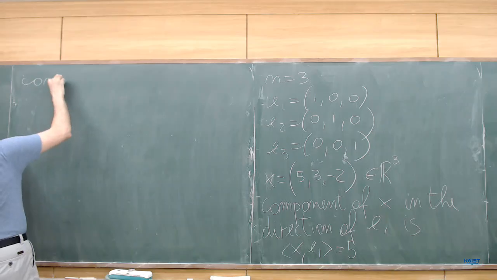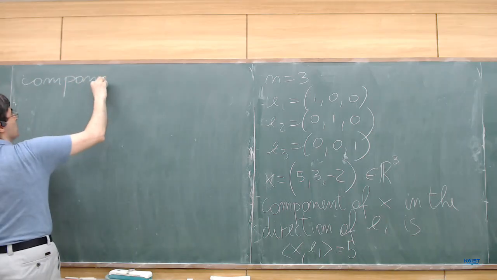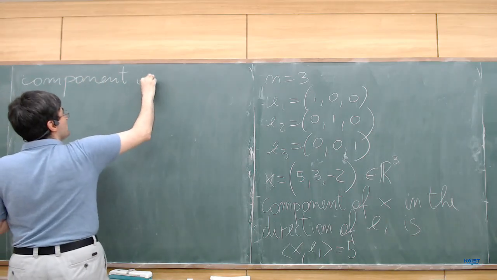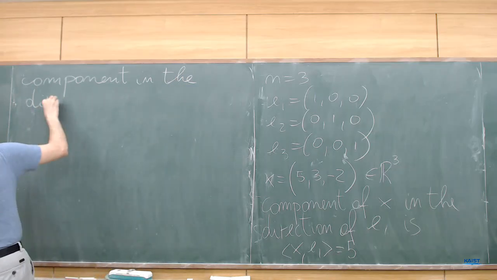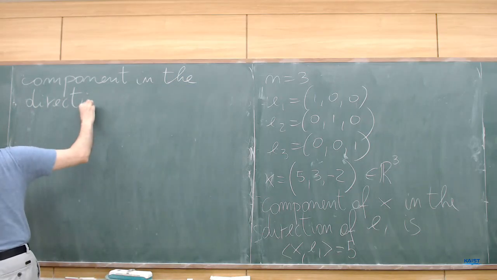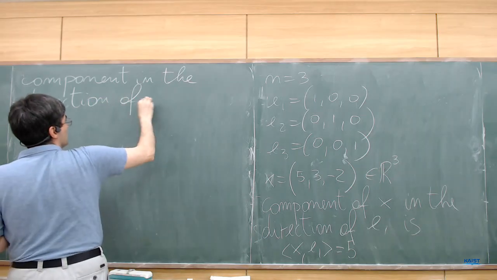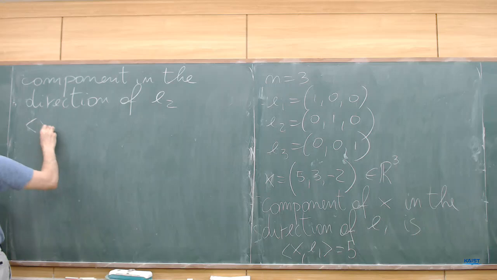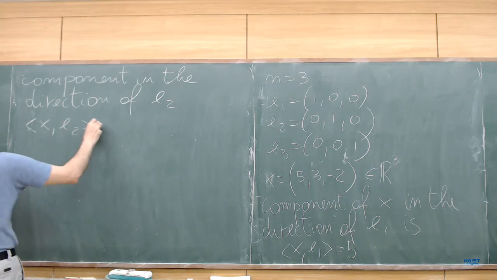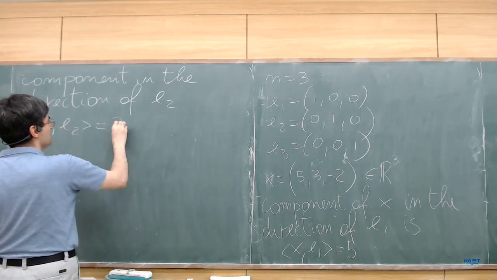The component in the direction of E2 is given by x2, and this is equal to 3.